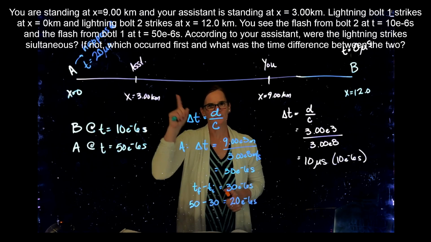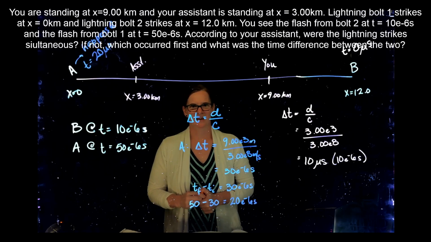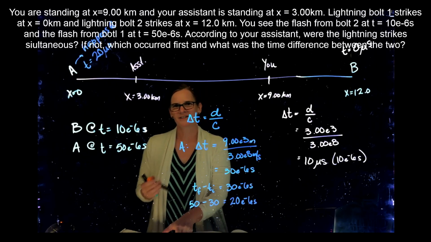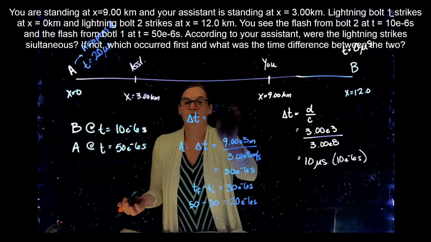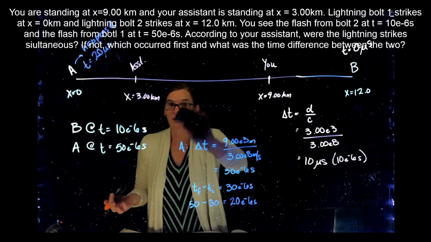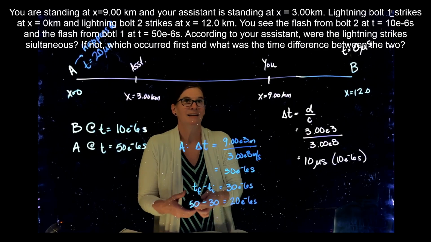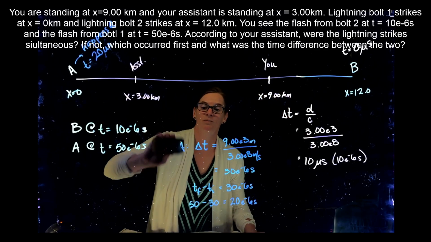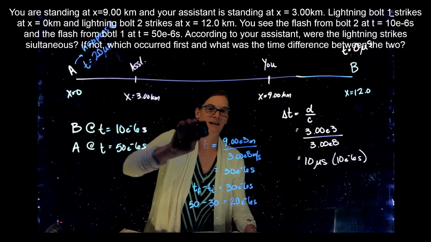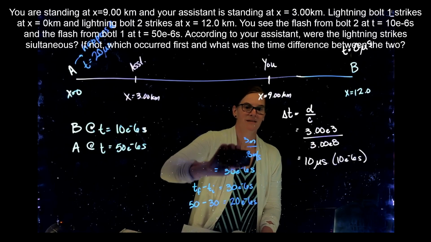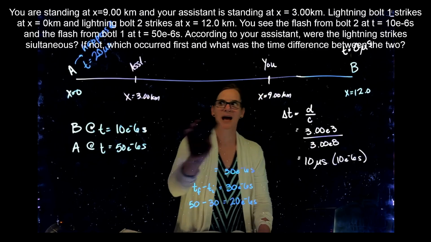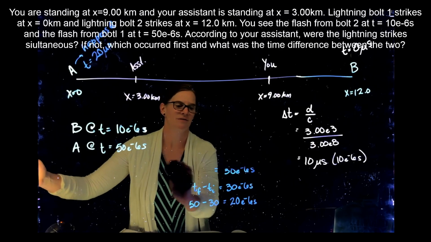Now, what does your assistant say about that? You and your assistant are in the same reference frame, and therefore your assistant would agree with you. Your assistant also has to say that these 2 bolts of lightning did not hit at the same time. You are both within the same reference frame, at rest relative to that reference frame.